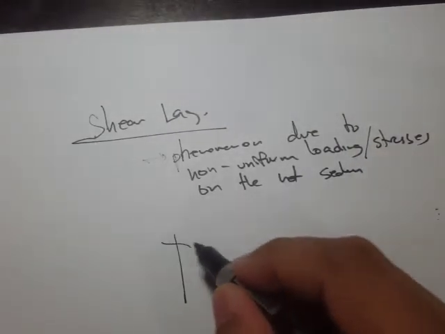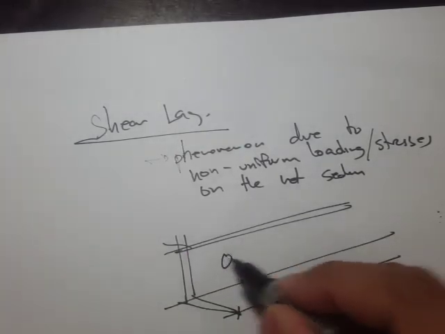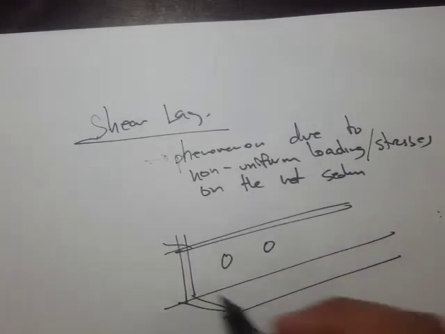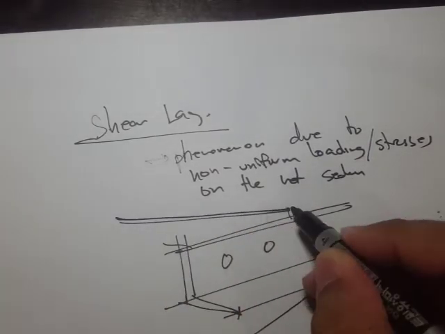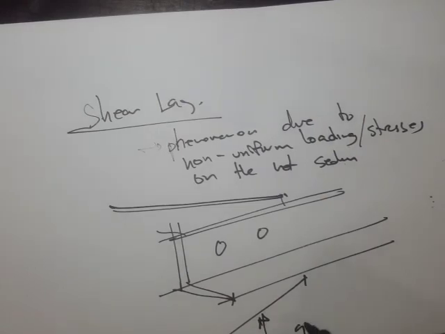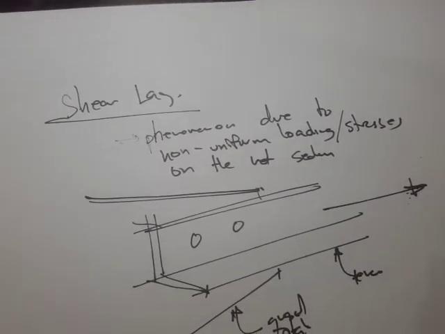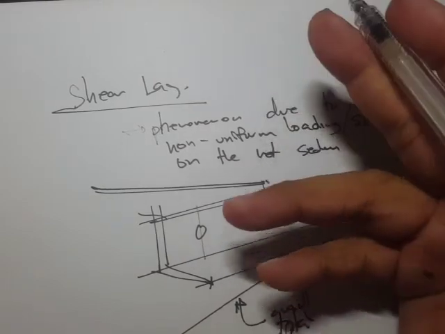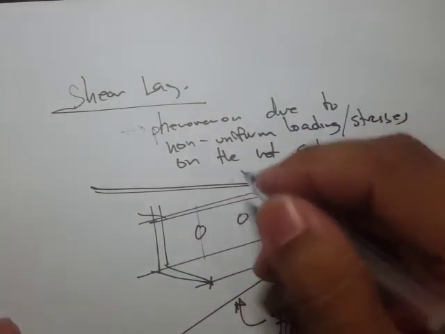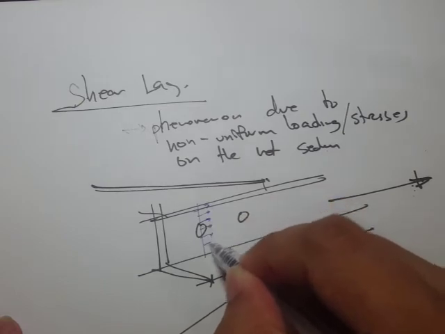For example, we have these bolts here, and this bolted connection is connected to a gusset plate, and this one is our tension member. If we apply the load, we're not actually experiencing uniform stresses here. That's not the case.